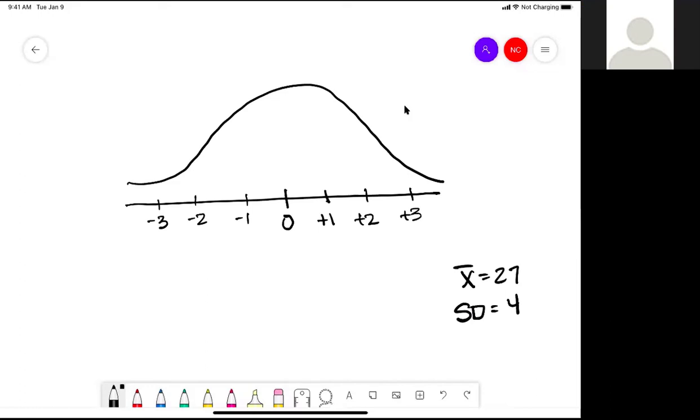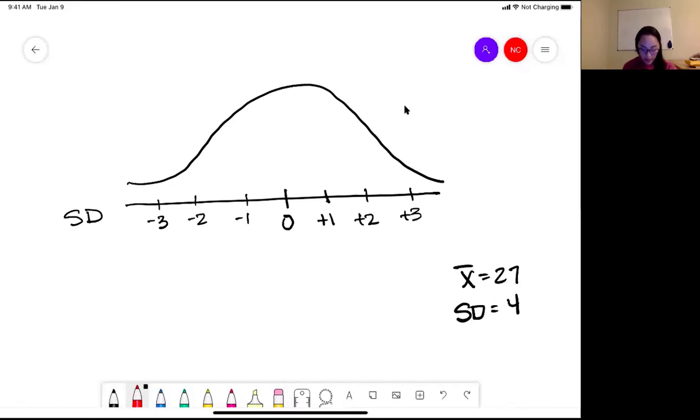So we can write this distribution in terms of standard deviations, which is what that row is. The other way you can write it is using your actual values. If we do 27 plus 4, we get 31, plus 4 is 35, plus 4 is 39, minus 4 we get 23, 19 and 15.